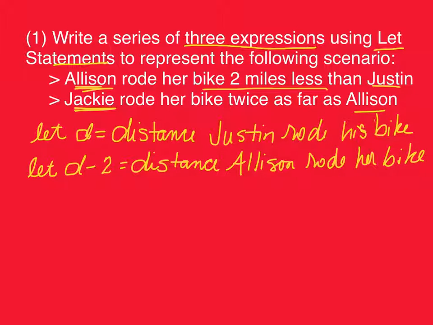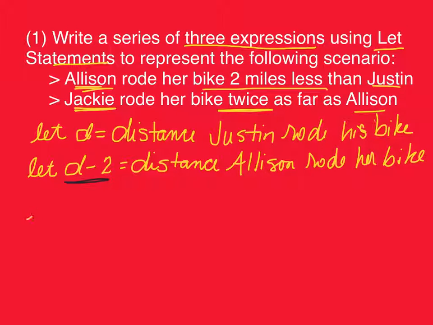Last person we're left with is Jackie. Jackie rode her bike twice. That tells us we're doubling, which means we'll multiply times 2. Jackie rode her bike 2 times as far as Allison. So we need to take what Allison did, D minus 2, and double that.